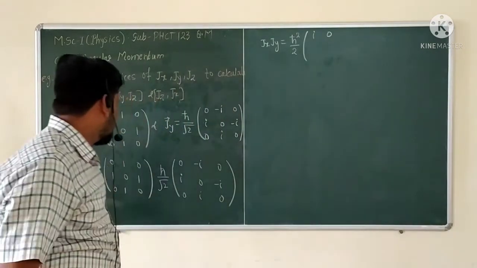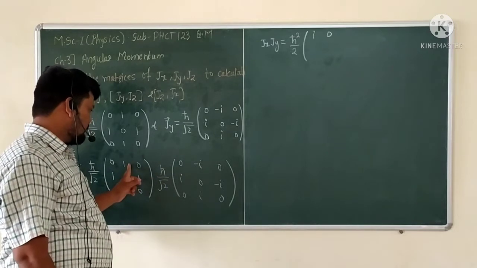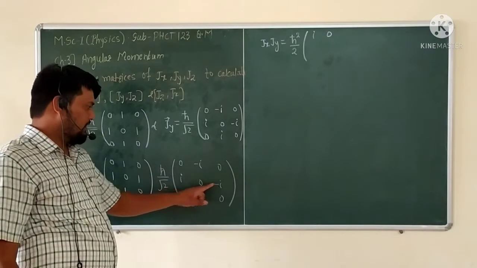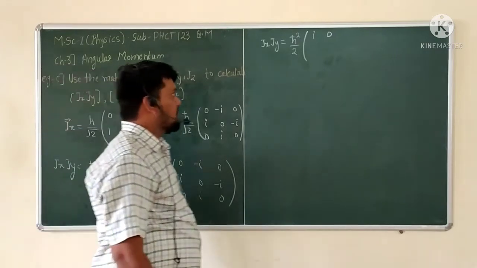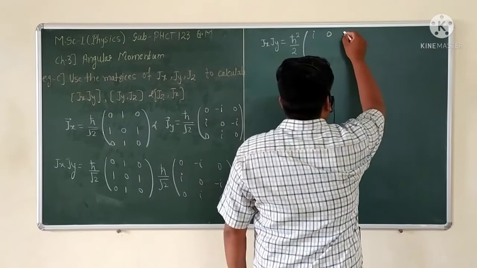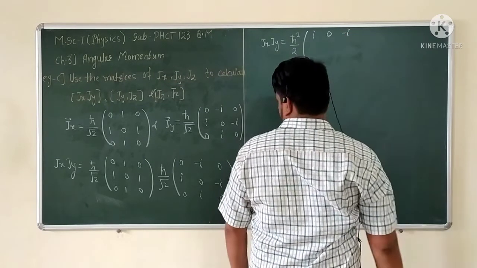Again first row and third column: 0 multiplied by 0 is 0, 1 multiplied by minus I is minus I, plus 0 into 0, so this element is minus I.